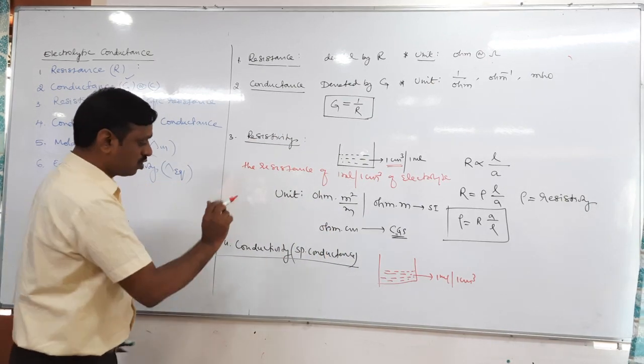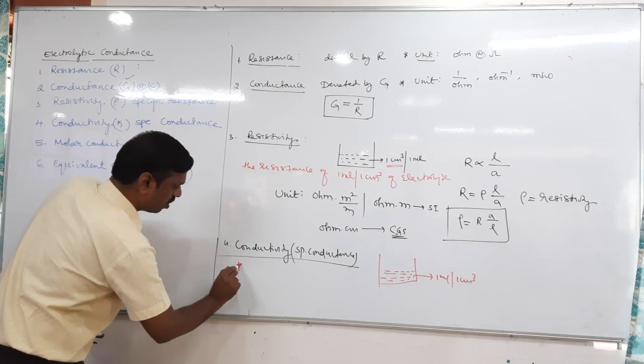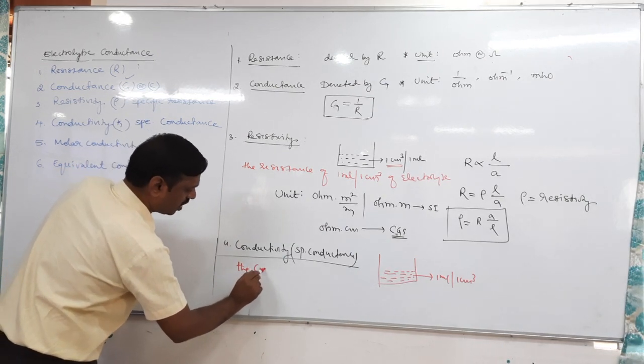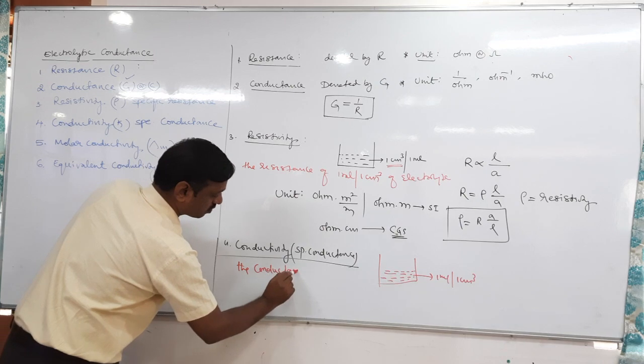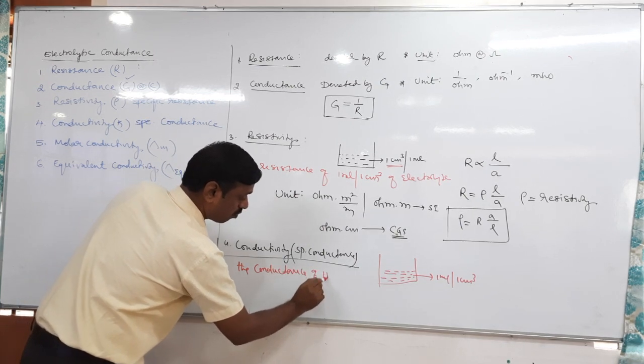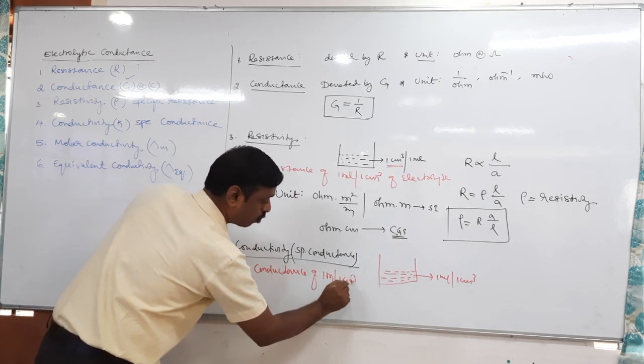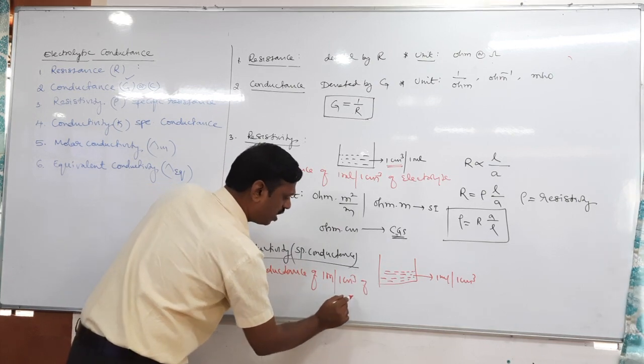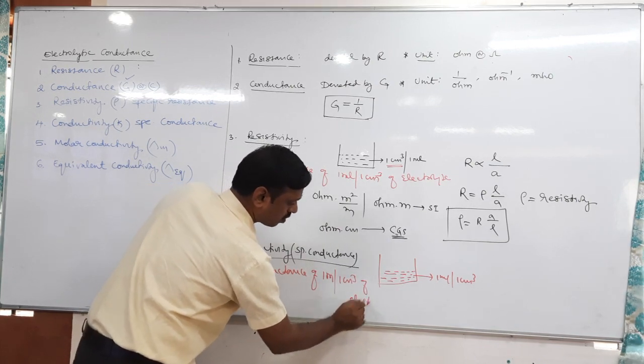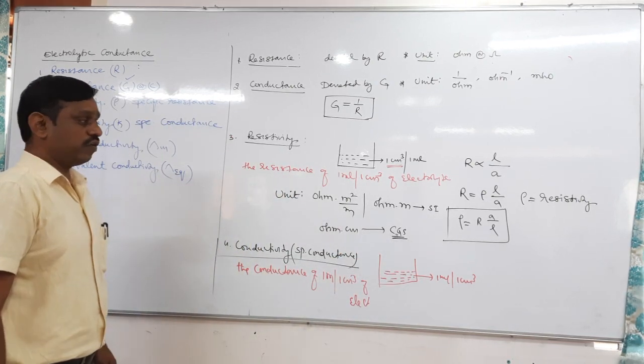So conductivity can be defined as the conductance of 1 ml or 1 cubic centimeter of any electrolyte. This is called conductivity.